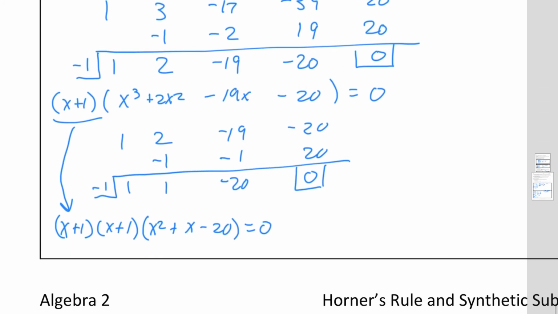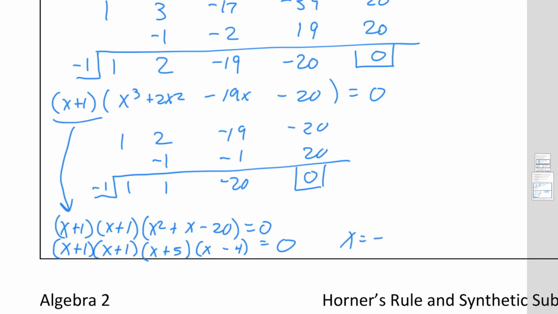So if we would do one last little thing, we'll be all done. We're down to a second power polynomial, and that typically indicates that we'll have FOIL factoring. 4 times 5 is 20, so a plus 5 and a minus 4 would give us the plus 1x that we see. So now we're ready to state all our solutions.